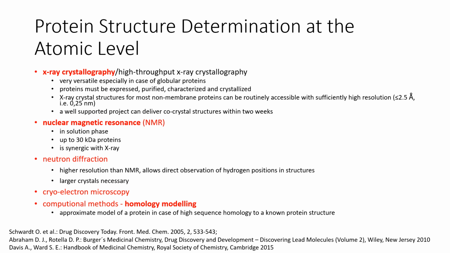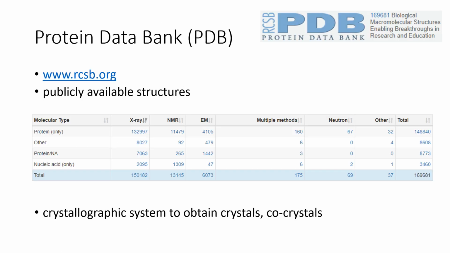If you know the 3D structure of a familiar protein that has a specific similarity in amino acid sequence, you can predict the 3D structure of an unknown protein. The 3D structure data are freely available at the website of the Protein Data Bank. It is the so-called PDB database.